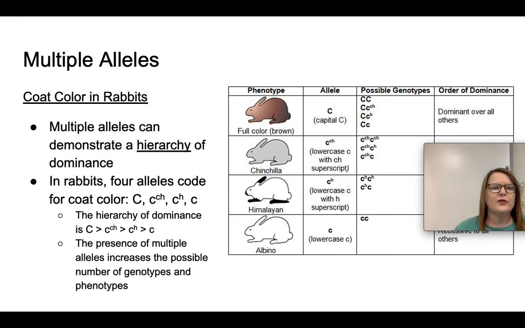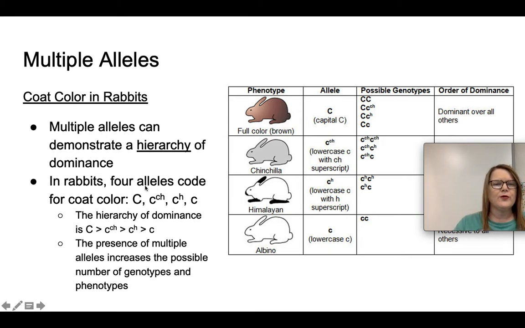We can also use multiple alleles in rabbits. This produces a hierarchy of dominance. In other words, there are several different alleles there, and there's one that's the most dominant, and then the next dominant, and the next after that, and finally the one that is recessive completely.